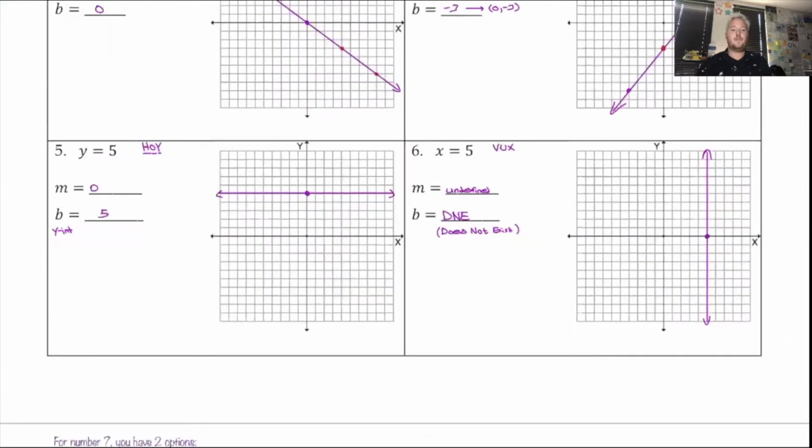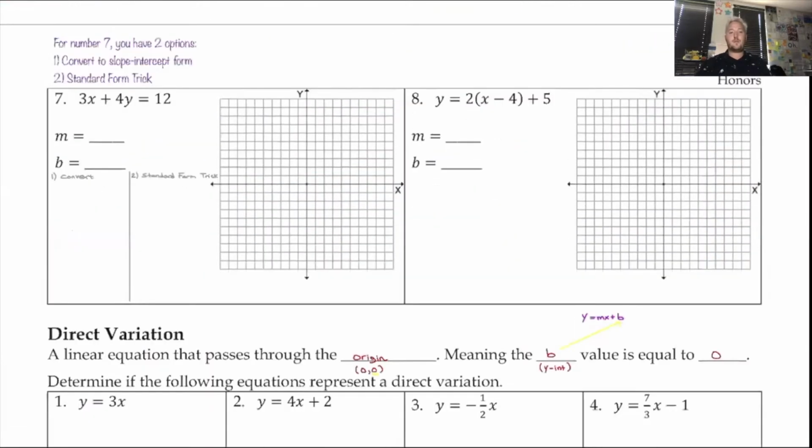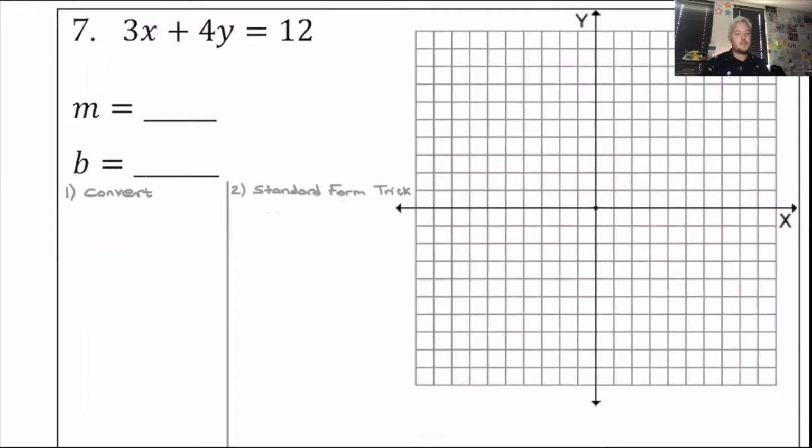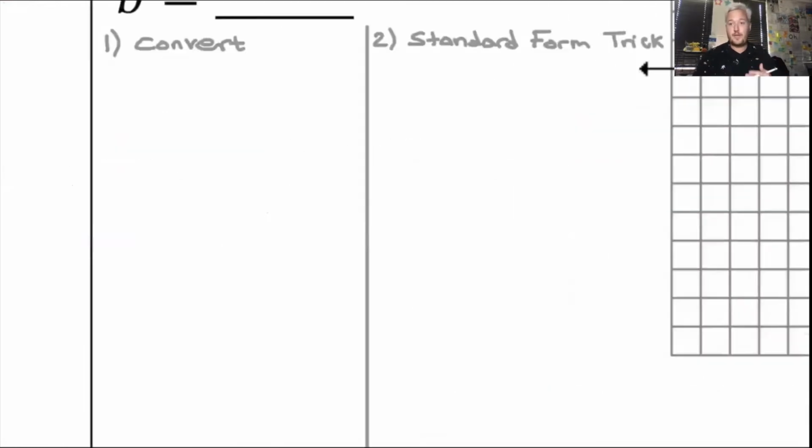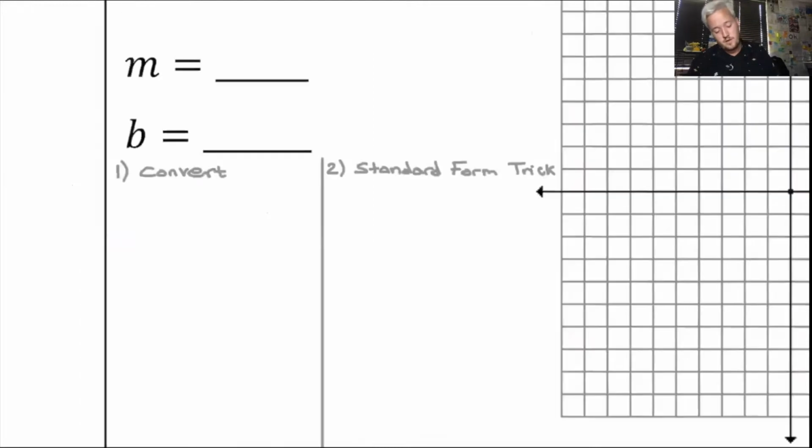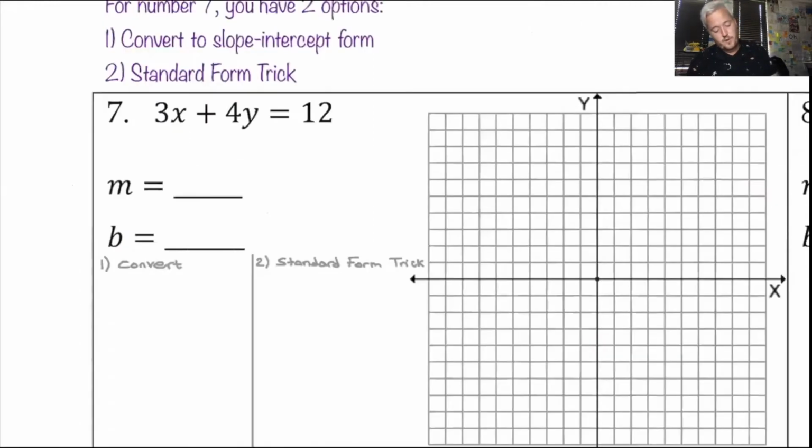Moving on. Same idea, but now I'm going to give you an equation in standard form. In standard form, you have a few different options. You can either do the converting like we did in 3a, or you can do the trick. I'm going to do it both ways to give you a glimpse of what it would look like. We have 3x plus 4y equals 12.